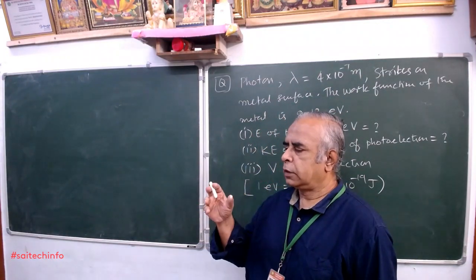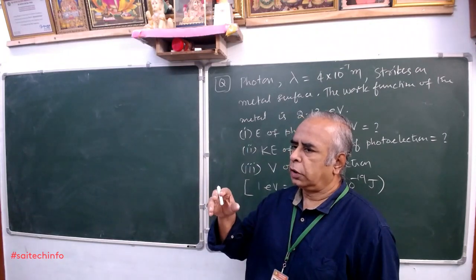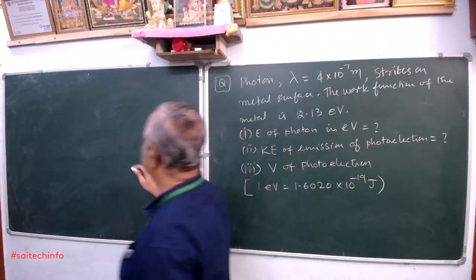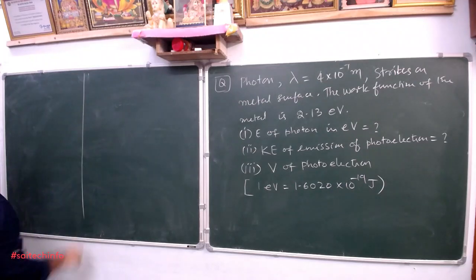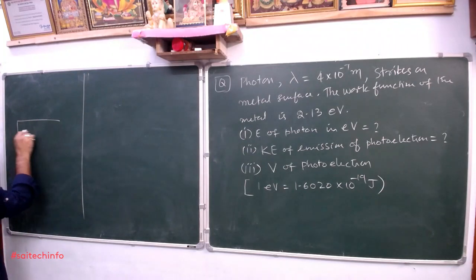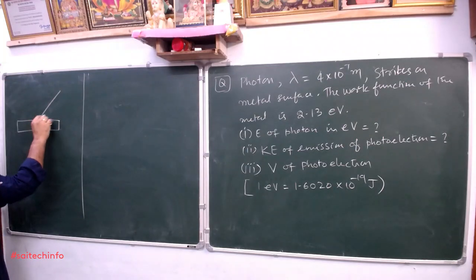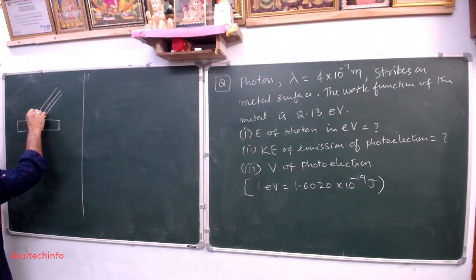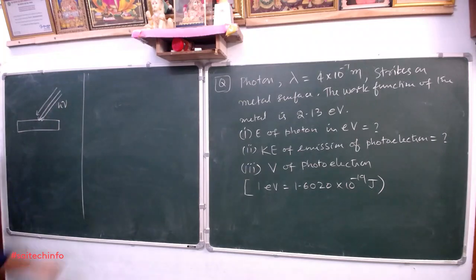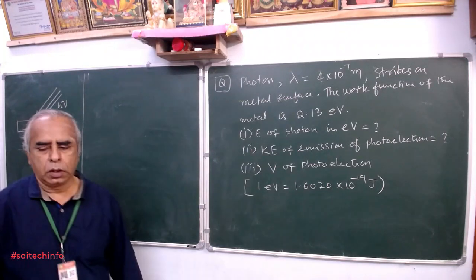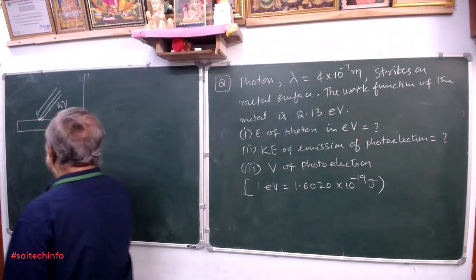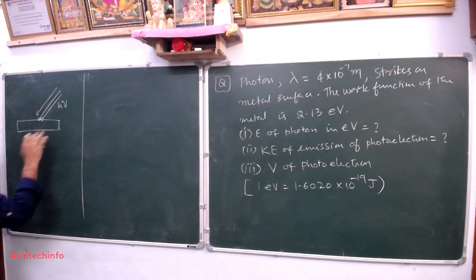So when light is incident on a sheet metal, let me consider a sheet metal like this. The light falls on it. Okay, so this is a photon. And what happens on irradiation on the sheet of metal?